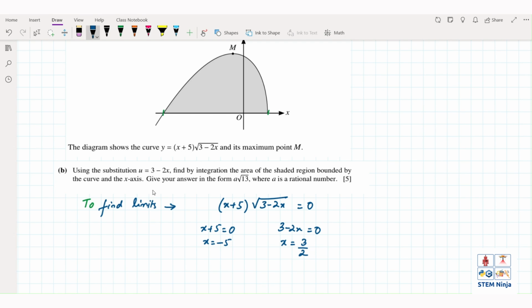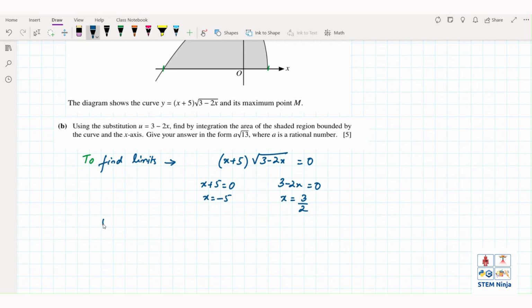Now, if we use the substitution u is equal to 3 minus 2x, the limits in terms of u would be 3 minus 2 times minus 5, and this would be u is equal to 3 minus 2 times 3 over 2. So this would be 3 plus 10, 13, and this 2 gets cancelled, so 3 minus 3, 0.